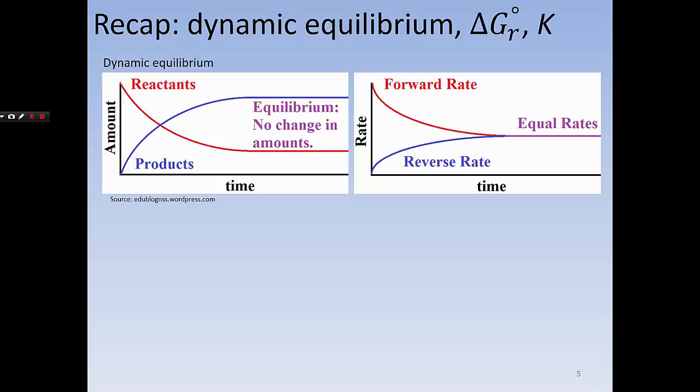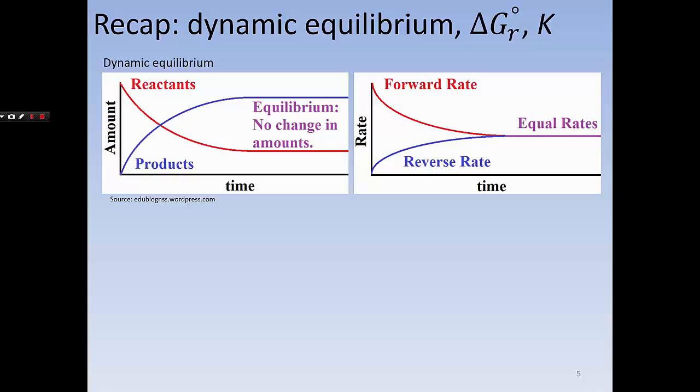Although the concentration of reactant and products remain constant, both the forward and reverse reaction are still proceeding. As the concentration of reactants and products remain the same, the forward and reverse reactions must occur at the same rate, as shown here. Chemical equilibrium is therefore stable and dynamic in nature.